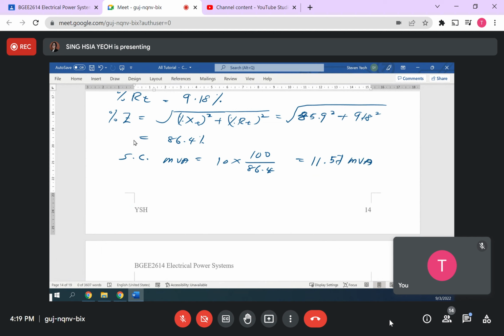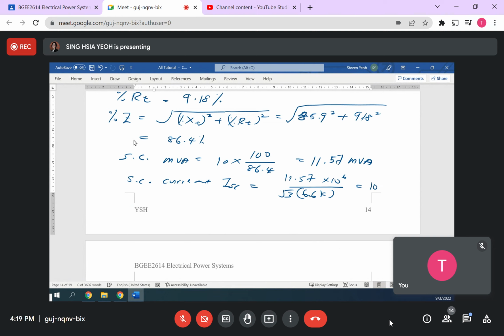And then the short circuit current ISC will be equal to 11.57 short circuit MVA times 10 to the power 6 divided by square root 3 and 6.6 kV.